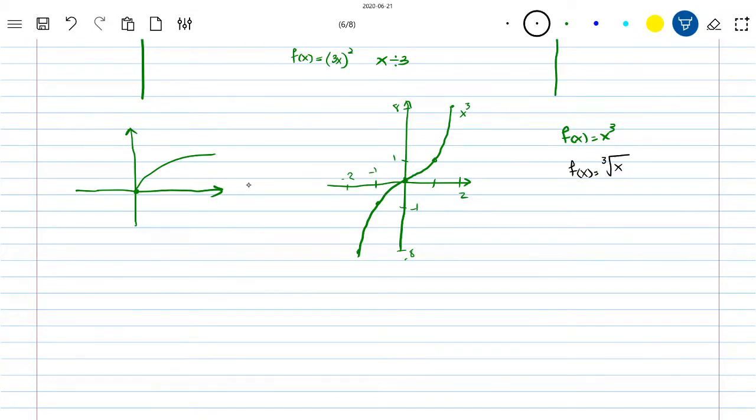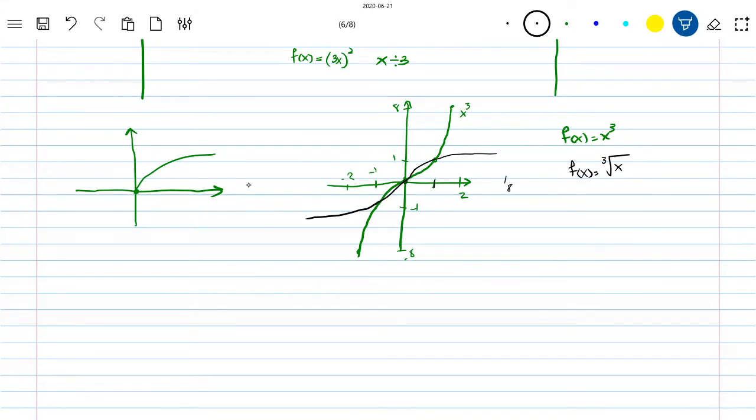How does this cube root of x look like? It would look exactly the same thing, but flipped around the other direction. So it's going to be symmetric the other way, because these are inverses of each other, which is a kind of reflection. We're going to discuss that later as well. So if you want to graph cube root of x, you can pick these points, 1, 8.